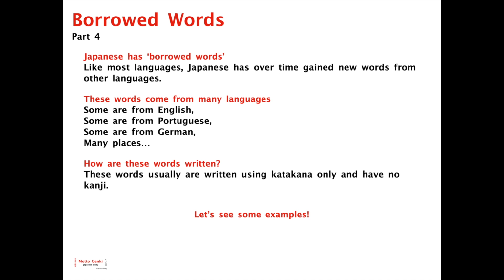These words, when written down, are usually written down in katakana to identify that these words are not native Japanese words. These words are borrowed words. And there are exceptions to the rule, but for now, we just remember that borrowed words, words from other languages, are usually written down in katakana.